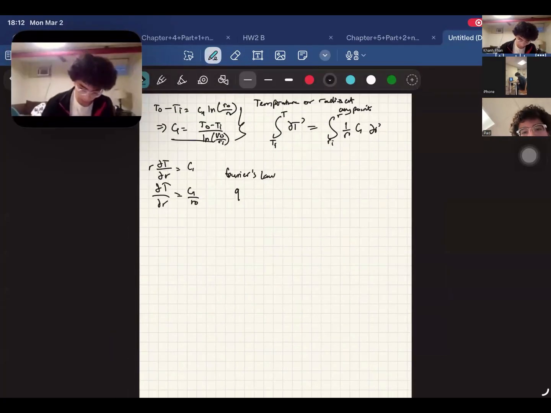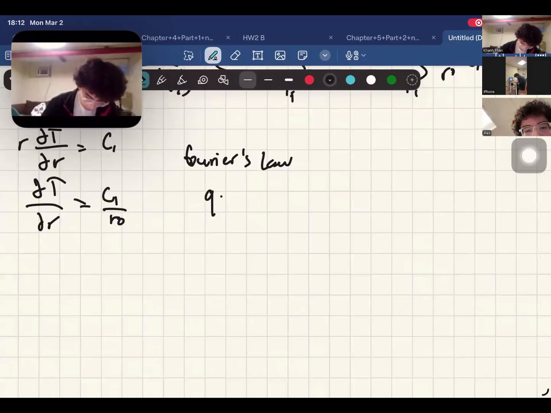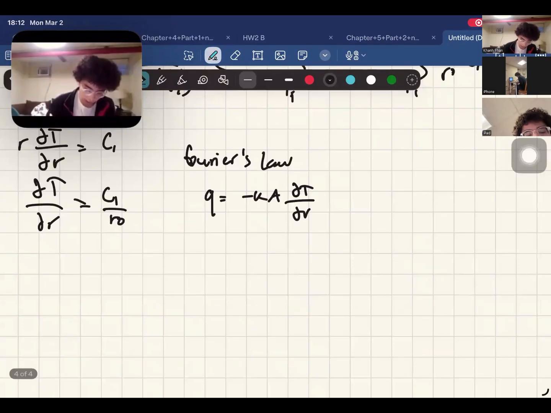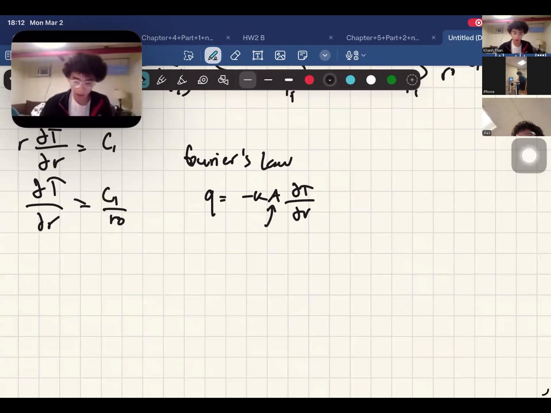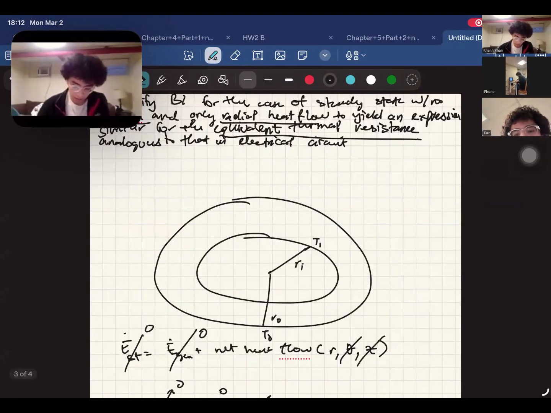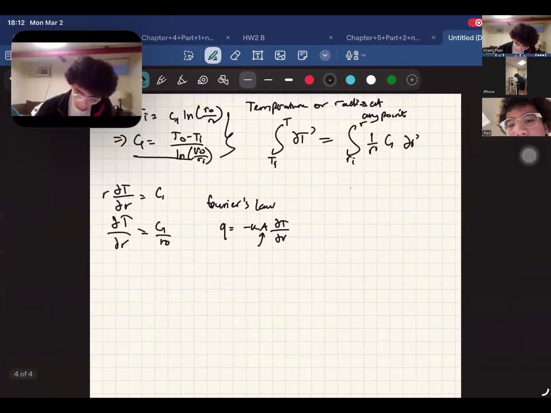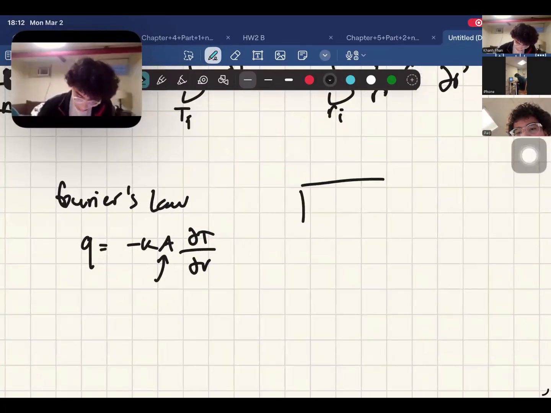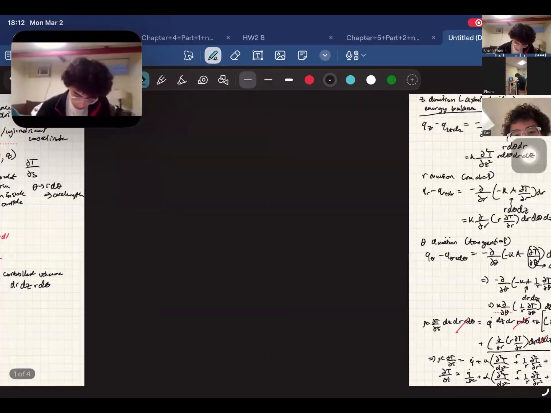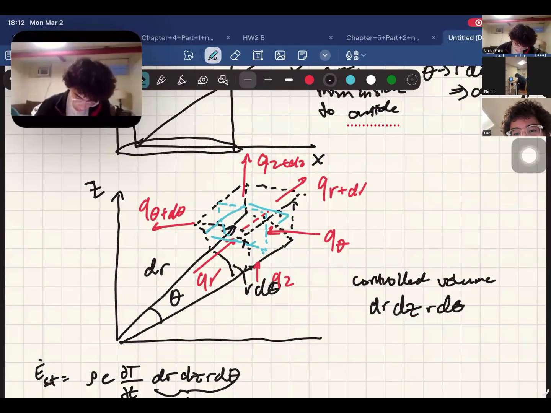So now we're gonna plug this into Fourier's law, okay? Negative kA dT/dr. So we know that dT/dr is C1 over R outer. So now what is A? So we learned that earlier, when you penetrate through in the r direction, our surface area is gonna be the arc length R dθ times the height.